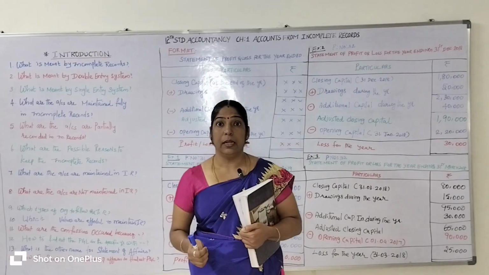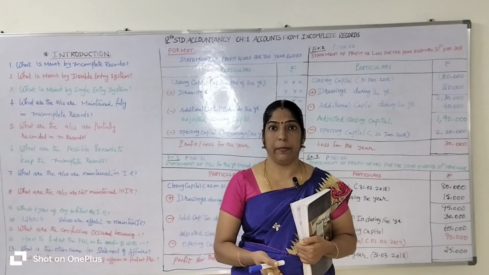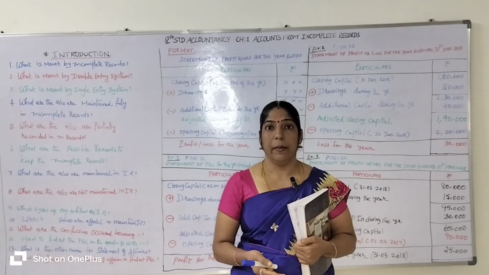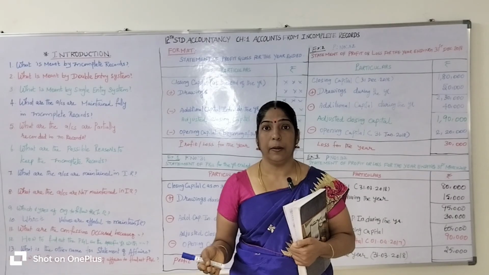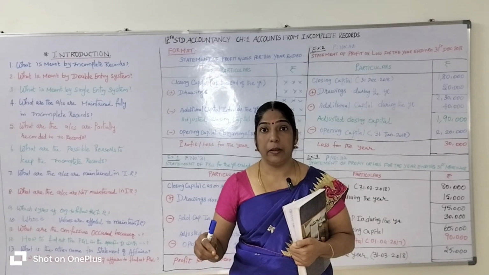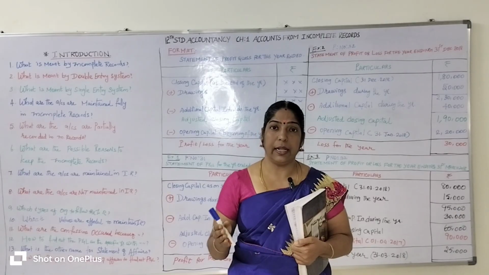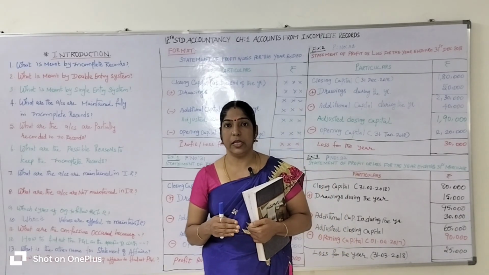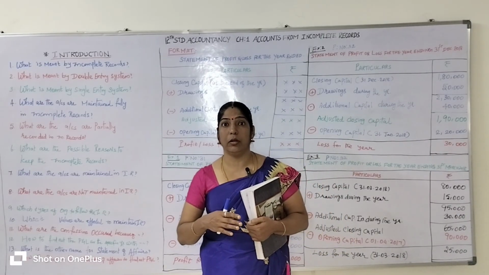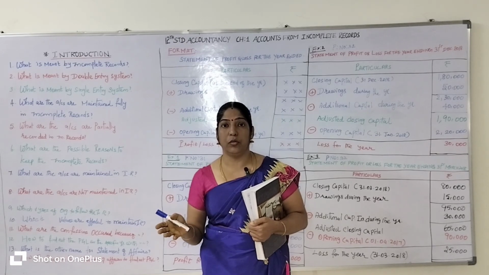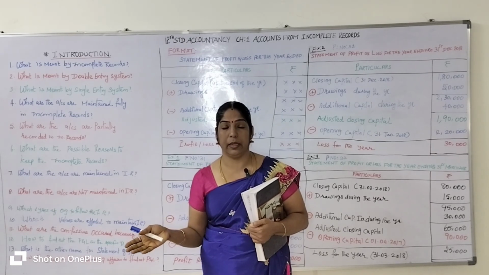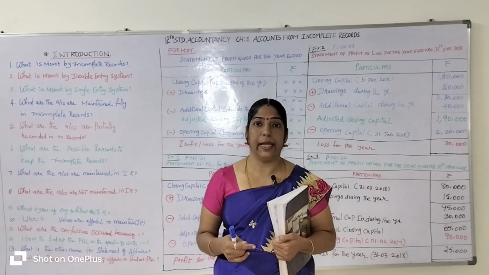Okay, then some employees in the organization may purposely or voluntarily create confusion in the accounting system. In other cases, some organizations may not have proper shelter to protect the old accounting records.